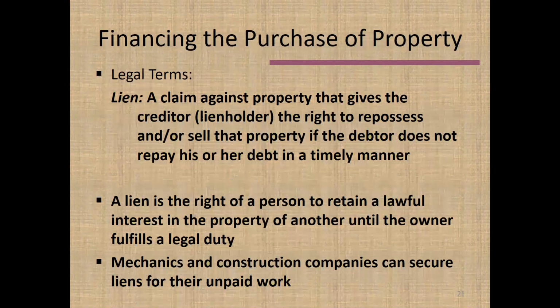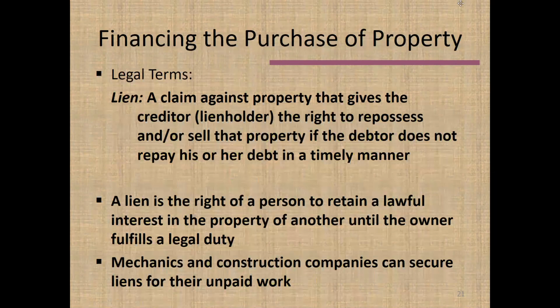So I'm able to purchase the tables, and the banker becomes my creditor, the lien holder. If I don't pay promptly on my debt to the bank, then the bank has the right to repossess those tables, and if it wants to, sell those tables for whatever money it can make. You can see how that works. Not a big surprise there. We've probably all heard about those types of situations.